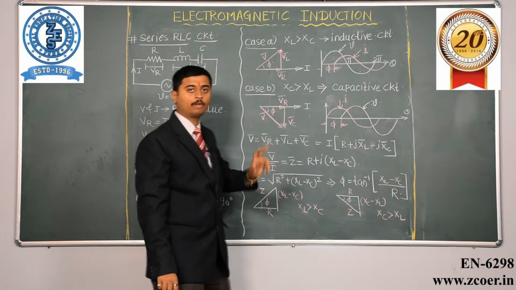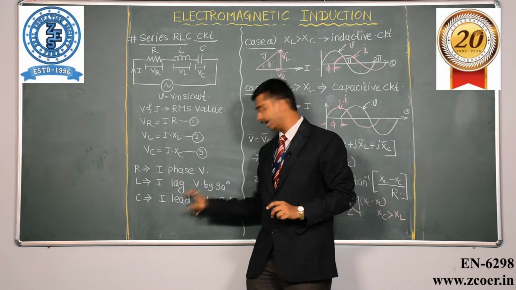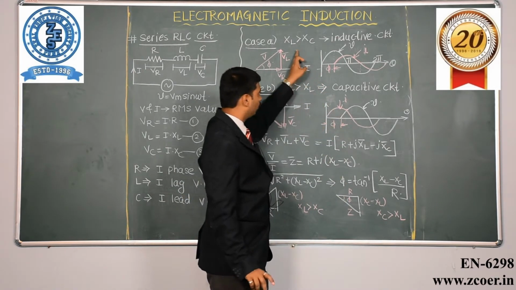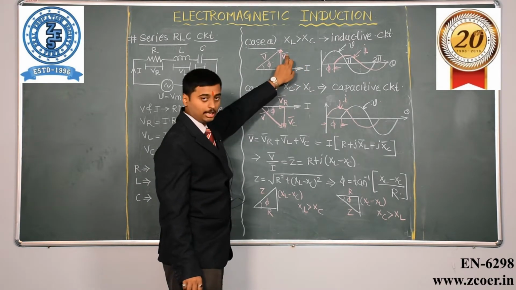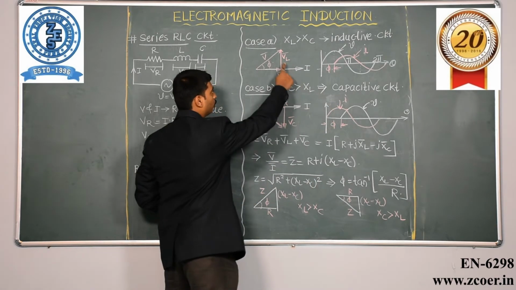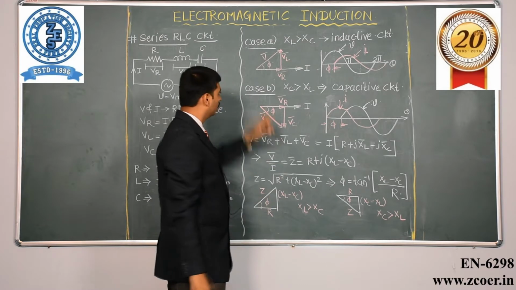Whereas in an inductive circuit, I lags the voltage by 90 degrees. Tracing in the anti-clockwise direction, I lags the voltage across the inductor by an angle of 90 degrees, so the phasor is drawn in the upward direction.